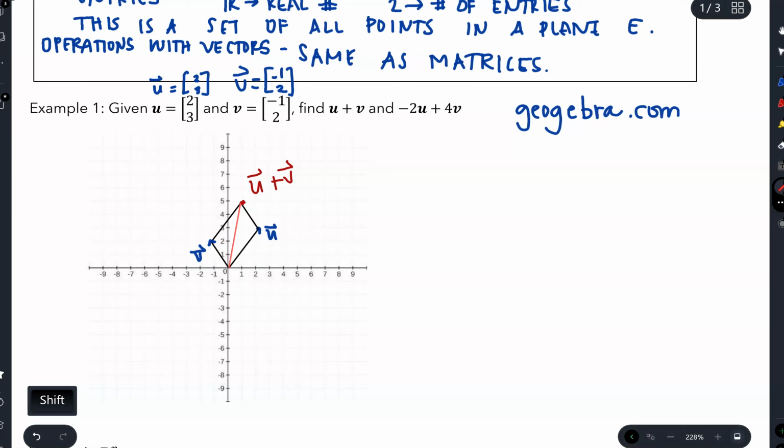All right. So what the parallelogram rule tells me is that it's going to make a parallelogram by adding those vectors together. So your resultant vector is going to be one of the vertices of the parallelogram.